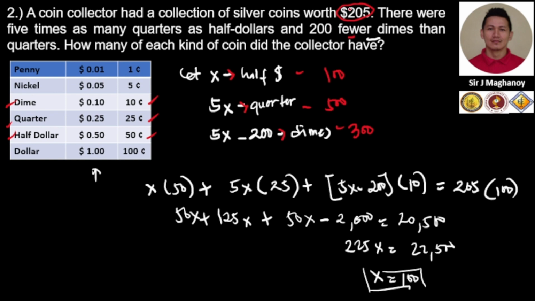Okay, so the total is $205. Let's check if the number of pieces are correct. 100 is our half dollar. What is the multiplier of the half dollar? That is 0.50, so that will become 50. How about our quarter? 500 times 0.25 is 125.